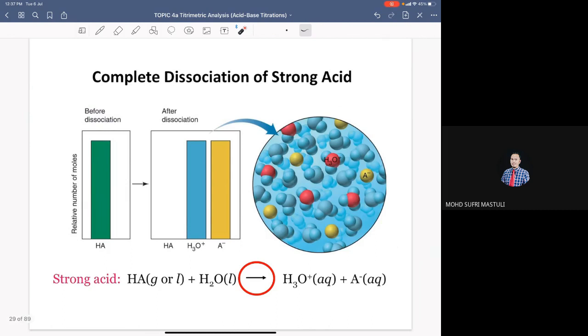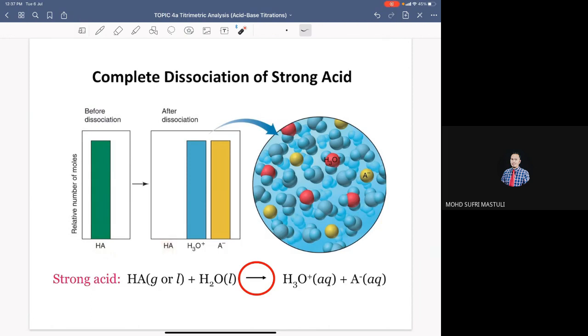This diagram shows the schematic of complete dissociation of a strong acid. For the strong acid, for example HA, before dissociation, after dissolving in water, the HA dissociates completely, so there is no more HA.